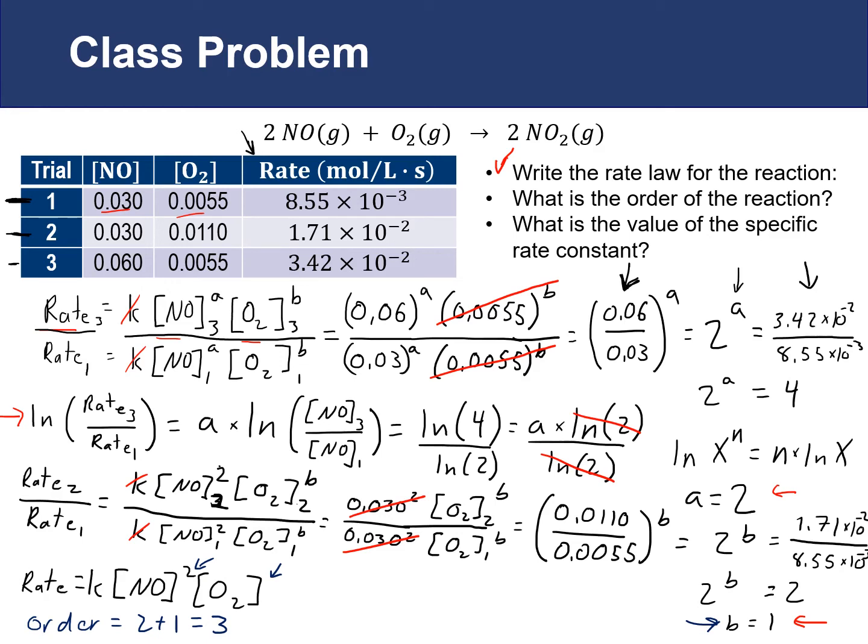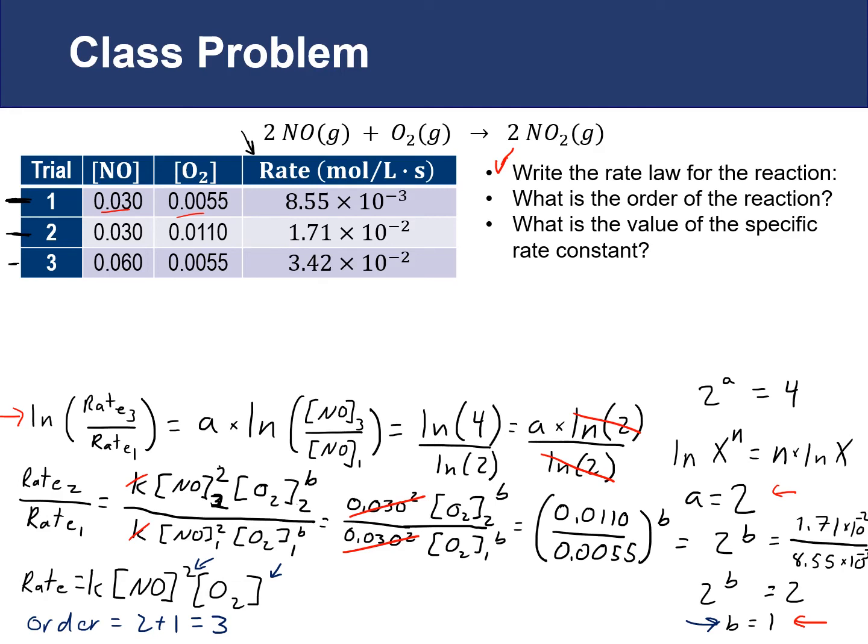Now the last thing that we need to do is figure out what the K value is. So what we can do is use one of our individual trials to figure out K. In order to do that, however, I'm going to need to free up a little bit of space. Okay, so to find our K value, we will rearrange our equation to solve for K. So we have rate is equal to K times the concentration of NO raised to the 2, concentration of O2 raised to the 1.